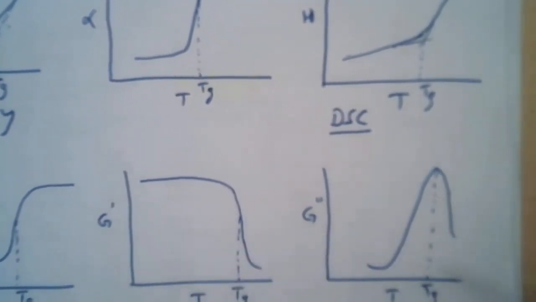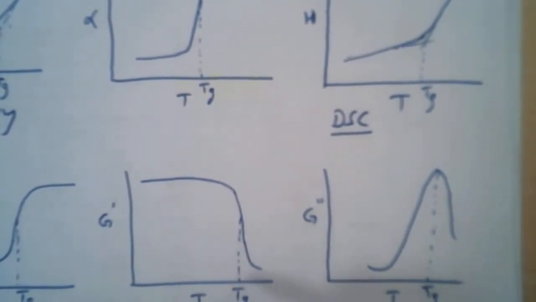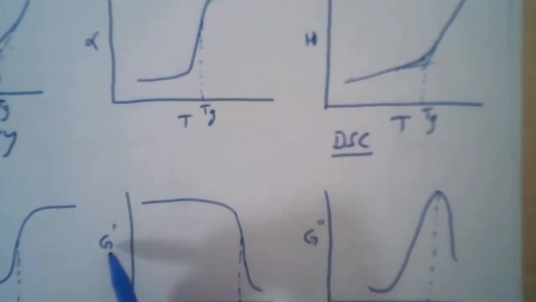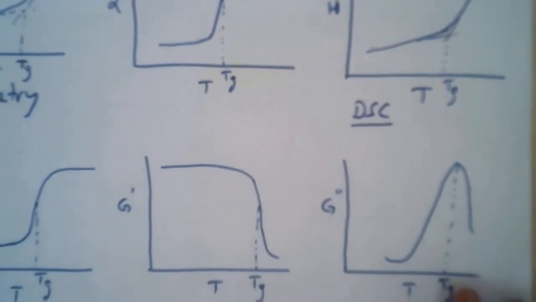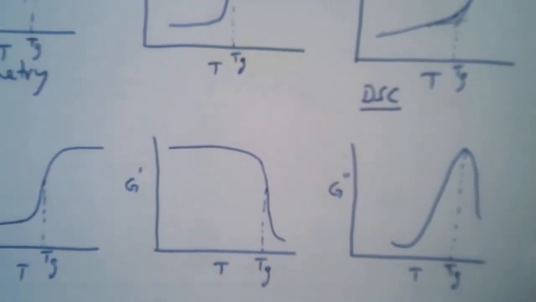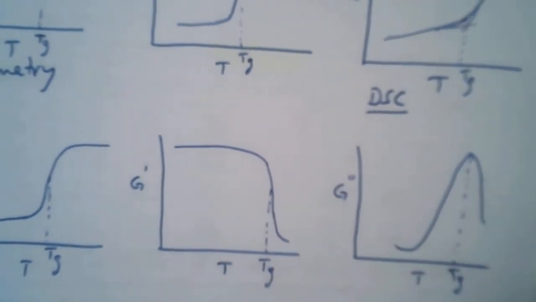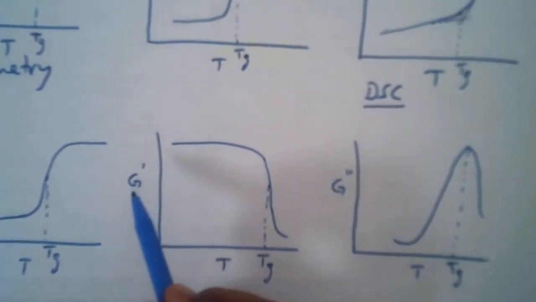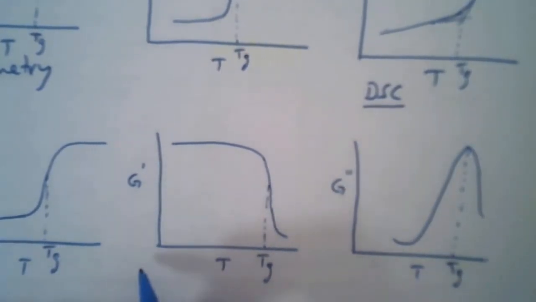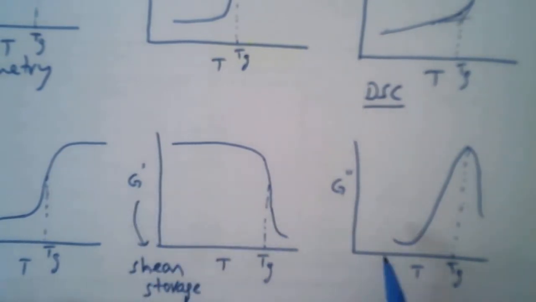There are two more methods, in fact, this is one we will discuss here. This is G prime. G prime is nothing but the shear storage modulus. We will discuss what is storage modulus and loss modulus, but this is shear storage modulus, G prime.